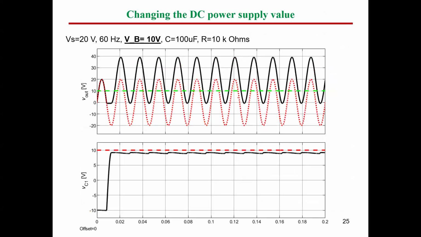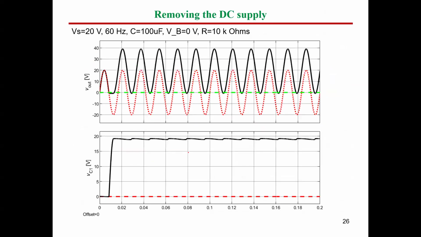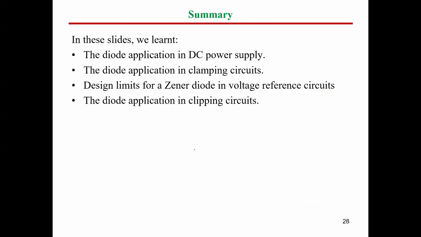This is the waveform in case of 10 volt. And this here is the capacitor volt. If the V battery equals 0, the V battery will be removed from the circuit. So this is the expected output waveform. So this is, guys, the wave shaping using clamping circuits.